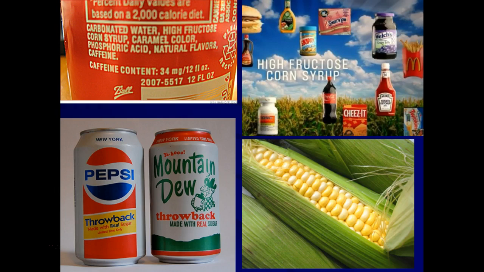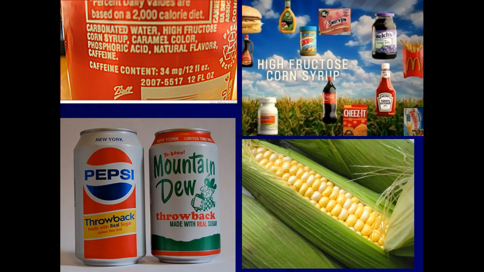It's derived from corn. Basically, they have this concoction that is nothing but fructose, so it's going to be sweeter, and you don't have to use as much, so you don't have to spend as much.